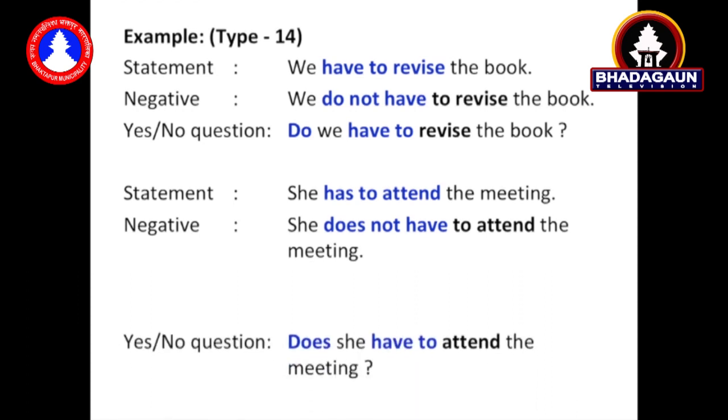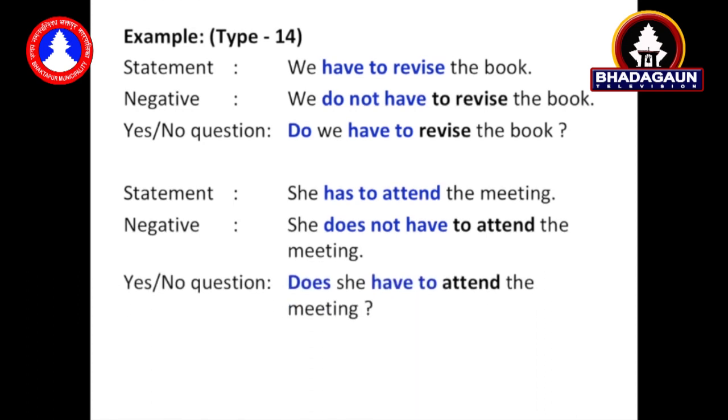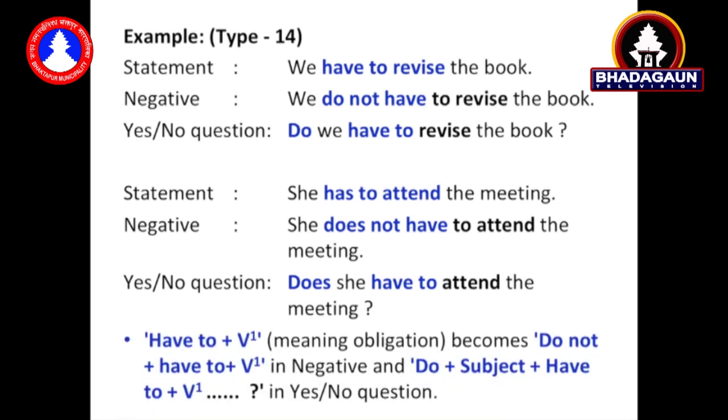And its question is, does she have to attend the meeting? I think you have understood the ways of changing sentences into negative and yes no question. From these examples, we can say this: have to plus V1, meaning obligation, becomes do not plus have to plus V1 in negative, and in question, do plus subject plus have to plus V1.